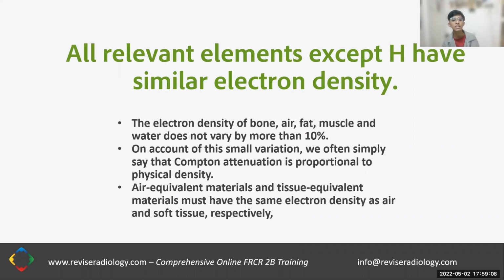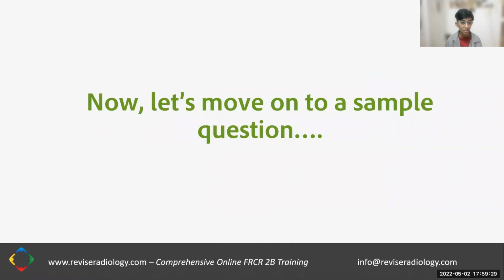So when we're discussing the Compton effect, yes, the Compton effect does depend on the physical density and the electron density, but in practice, the electron density of all the different tissues doesn't vary that much. So in practice, it doesn't have that much of an effect. So that was a very quick run through of the Compton effect.